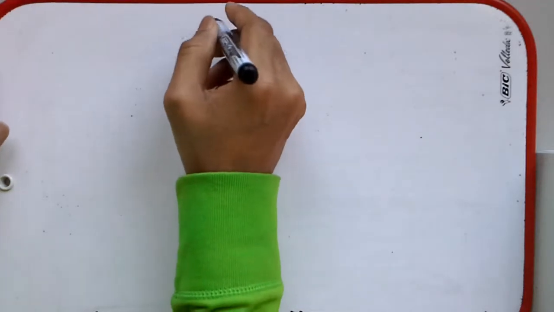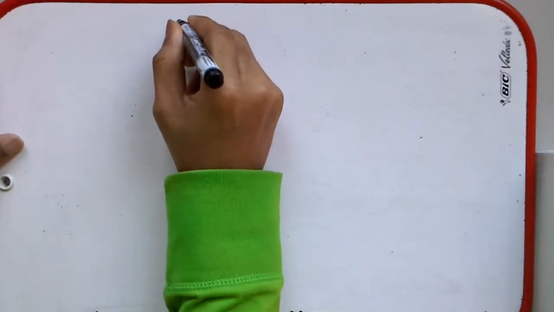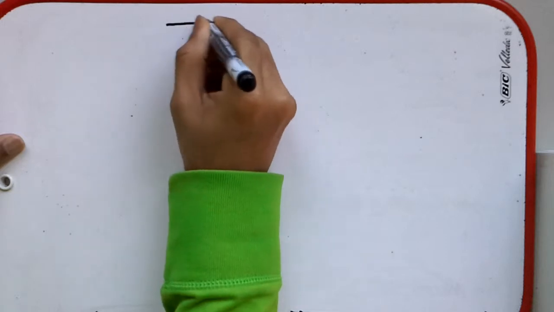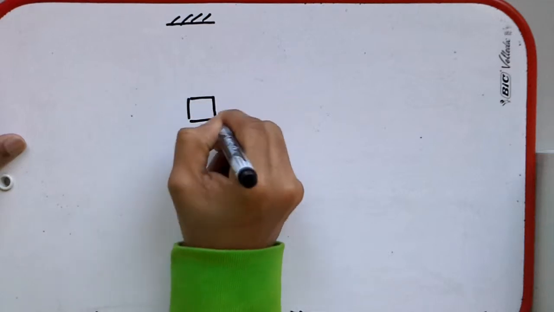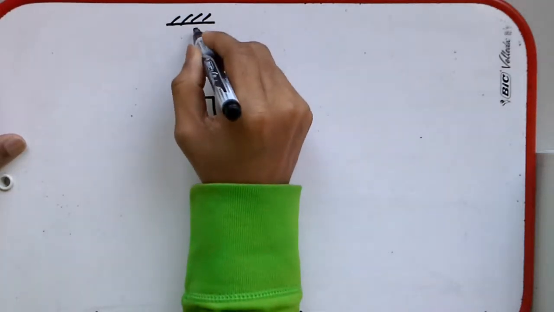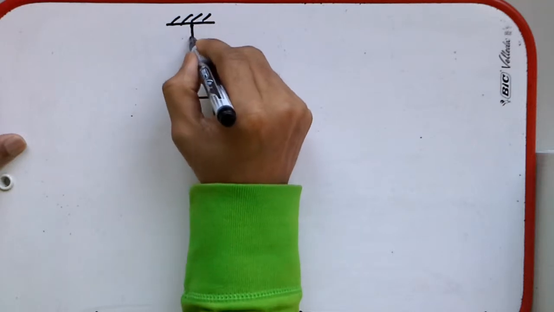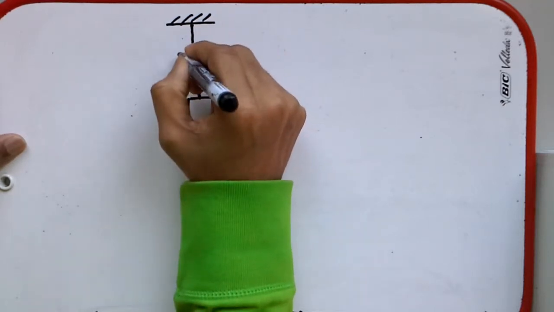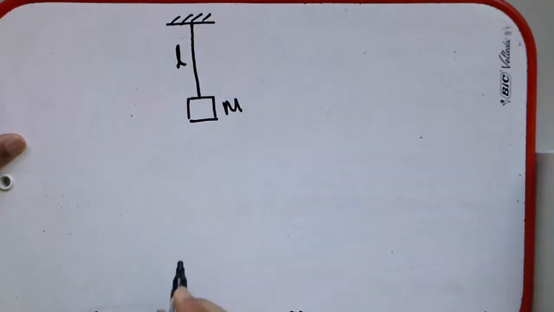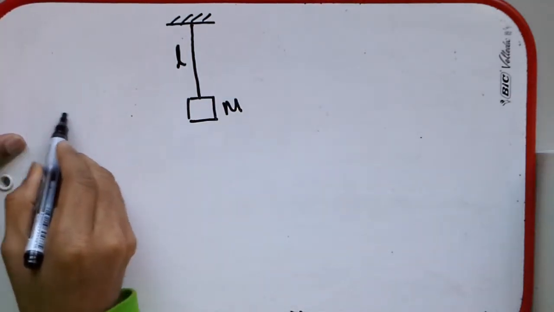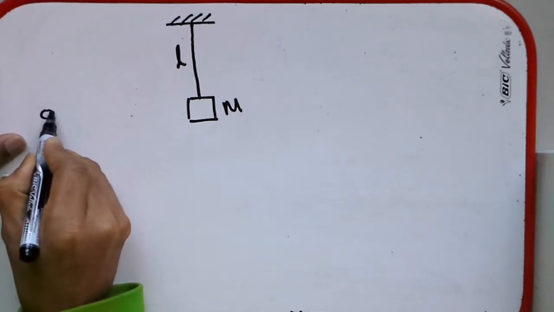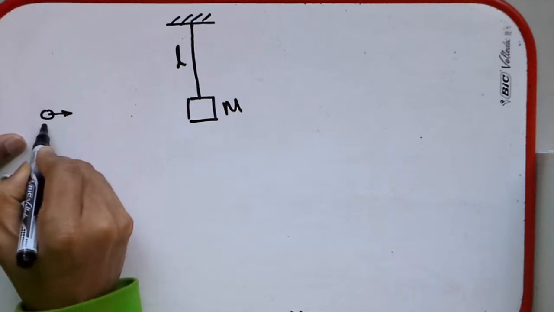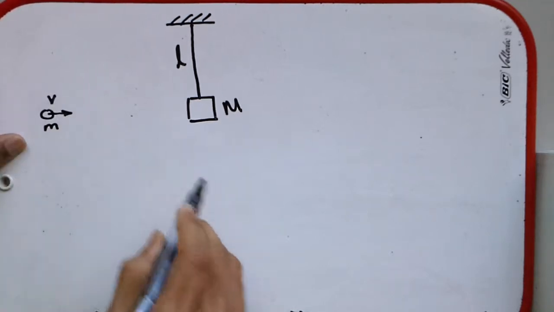Hi there. So we'll move to the next question on momentum and impulse. So this time a block of mass big M is connected by a string and attached to a ceiling. The length of the string is small l. Now from this side, exactly in the horizontal direction, a bullet of mass small m traveling with a velocity v.